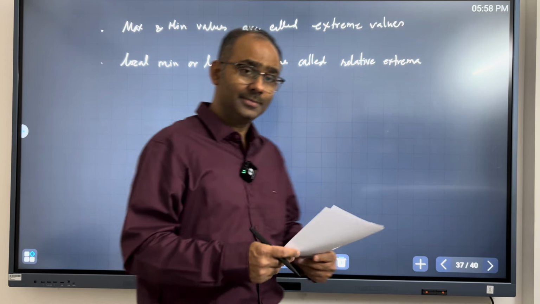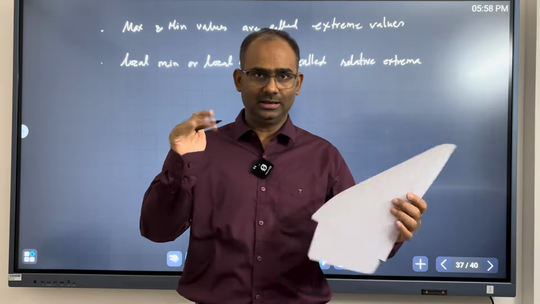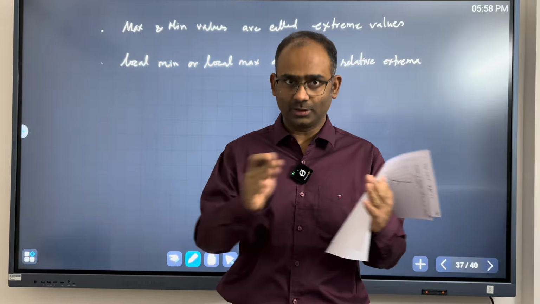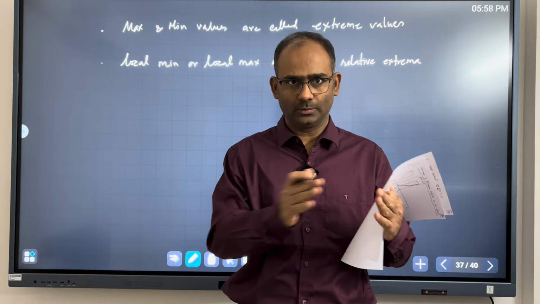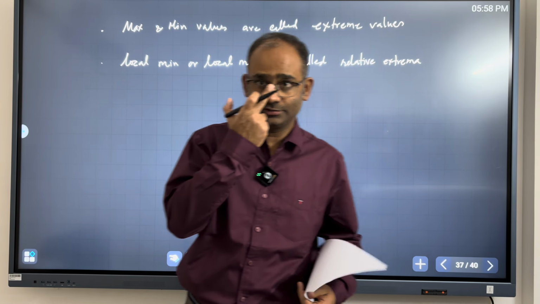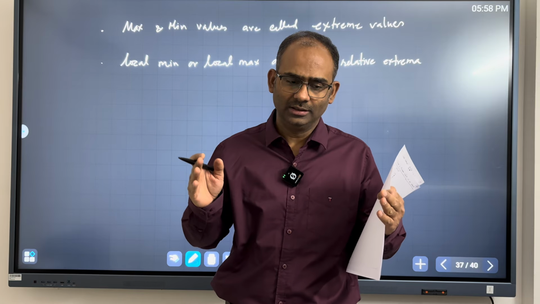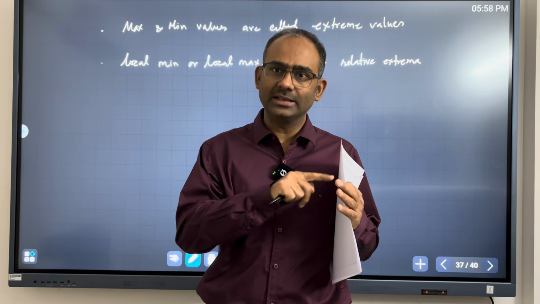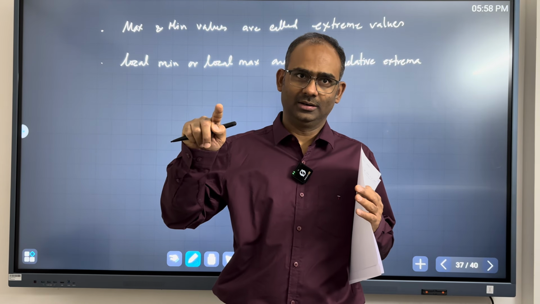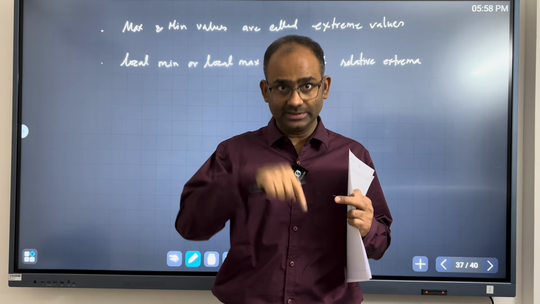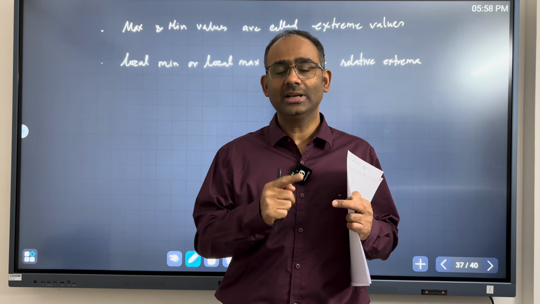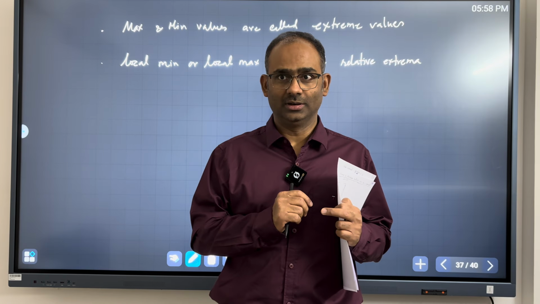So if a function, in an interval, we are looking at functions of single variable x, in an interval, if it keeps increasing or keeps decreasing, then you say it's a monotonic function. Monotonic.